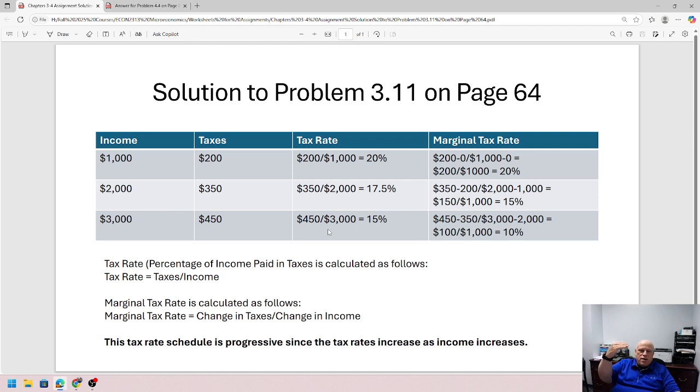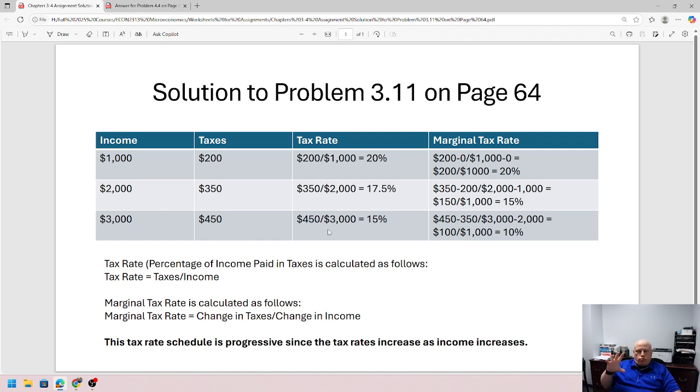So it would just be $200 minus 0, which is our taxes before, over 1,000, which is our income now, minus what it was before, which was 0. So on that first one, the marginal tax rate is going to be the same as your average tax rate.